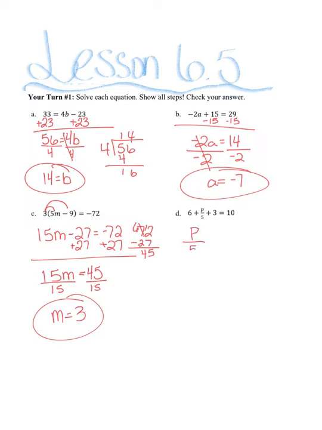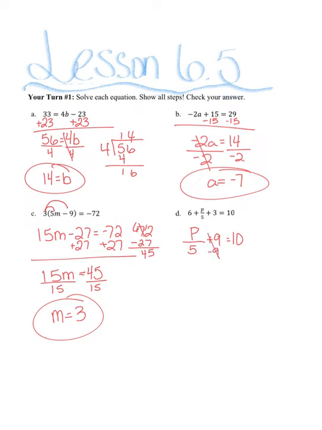P divided by 5 plus 9 equals 10. So now I'm going to remove that plus 9 by doing the inverse.